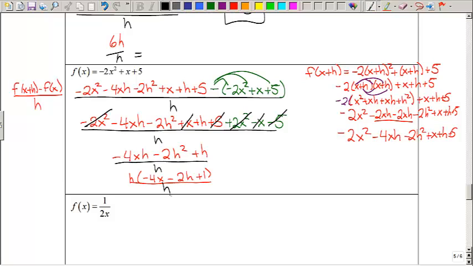And then the h in the denominator and the h that's factored out of the numerator divide out to 1, and my difference quotient is negative 4x minus 2h plus 1 as my final difference quotient.